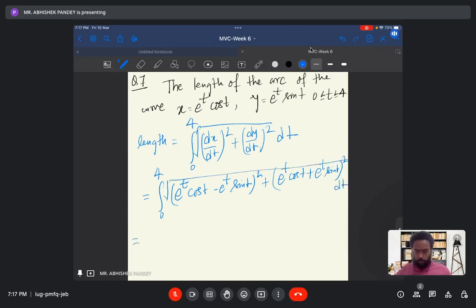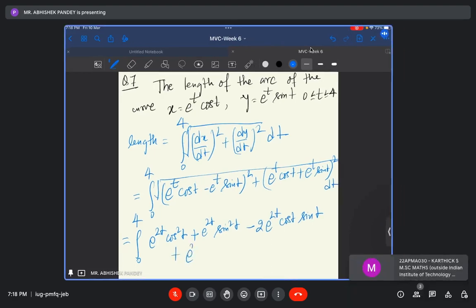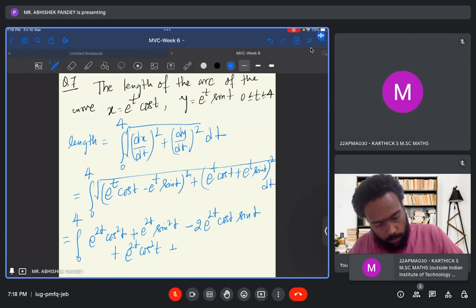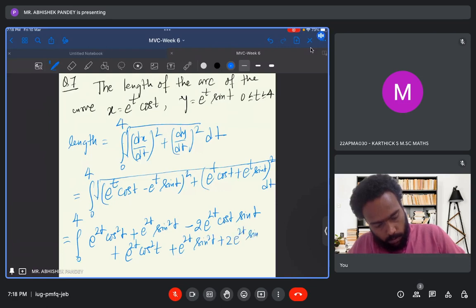Okay, so this will be the integral 0 to 4 of e to the power 2t cos square t plus e to the power 2t sin square t minus 2 e to the power 2t cos t sin t, plus again e to the power 2t cos square t plus e to the power 2t sin square t plus 2 e to the power 2t sin t cos t, dt.